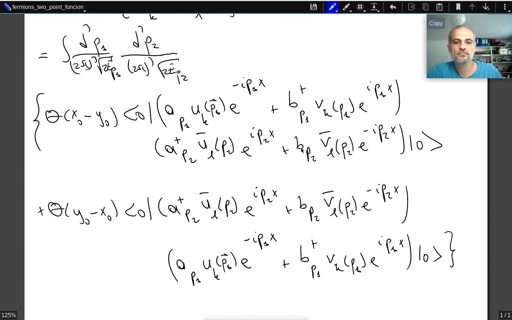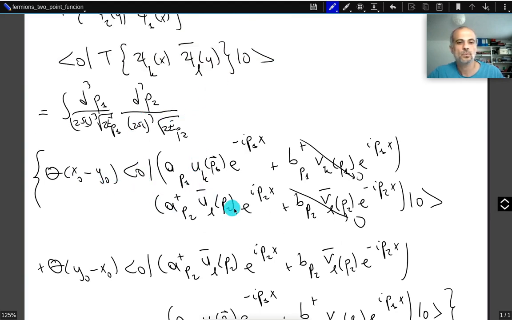You see, b acting on the vacuum will just give us 0. So this doesn't contribute. And b dagger acting on the vacuum bra will also give us 0. So you see, if x0 is later than y0, we have a particle, the particle created by a propagating from, sorry, this is y, from y to x.